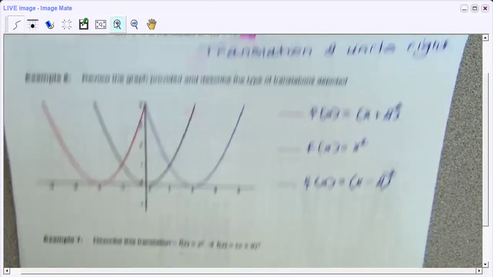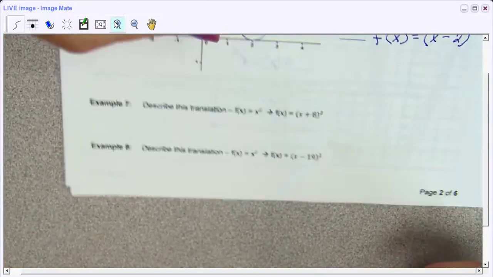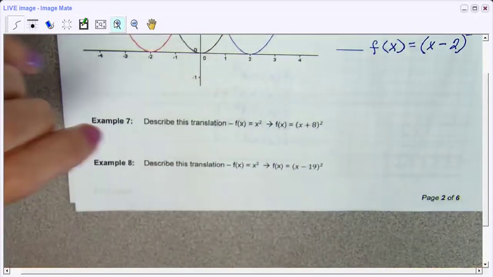So 7 and 8. Go ahead and do 7 and 8 on your own.